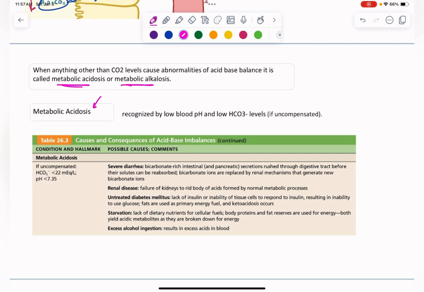So these are all different ways that metabolic acidosis can occur. With severe diarrhea, you're getting rid of too many bicarbonate ions through the feces, and that can cause the body to become acidic. Renal failure prevents the kidneys from ridding the body of acids from these metabolic processes.